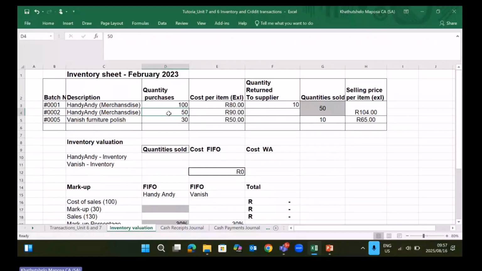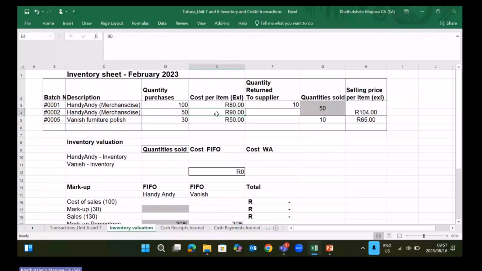And this is the cost excluding VAT. On batch number one, we have bought them for 80 rands per item or per quantity. On batch number two, we have bought them for 90 rands per quantity. And on batch number three, we have bought them for 50 rands per quantity.